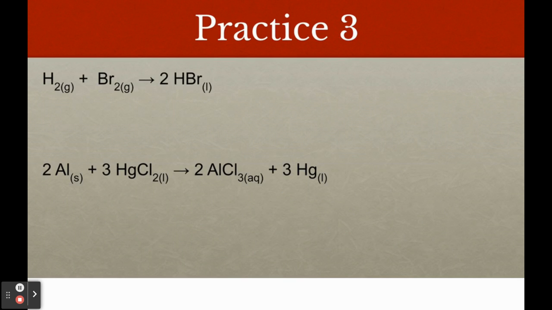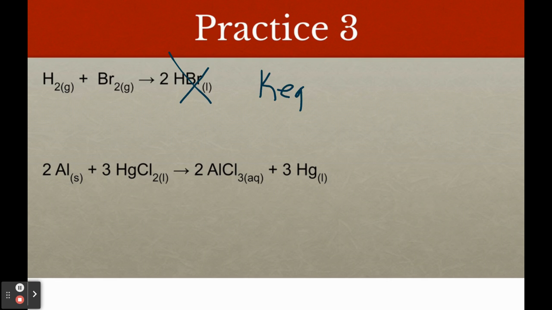Okay, so now there may be some times when one side of the reactions has no gases or aqueous solution. So I want to show you what to do. So for that top reaction here, we would not include HBr because it's a liquid, so we would only include our reactants.